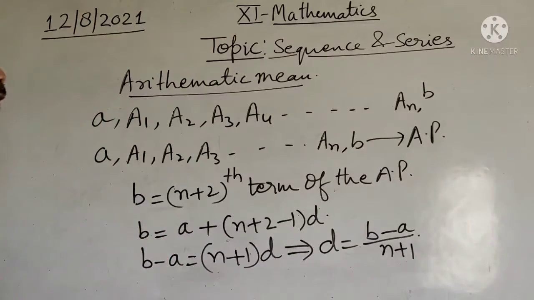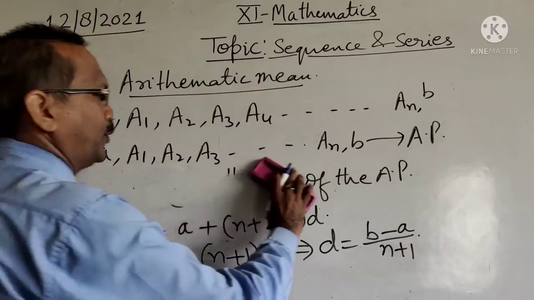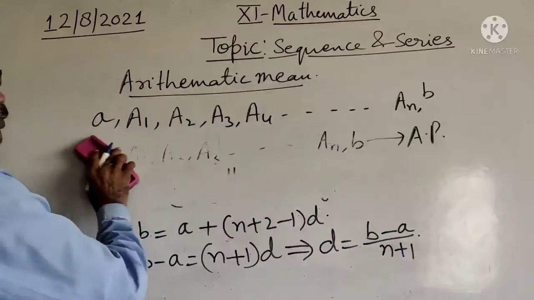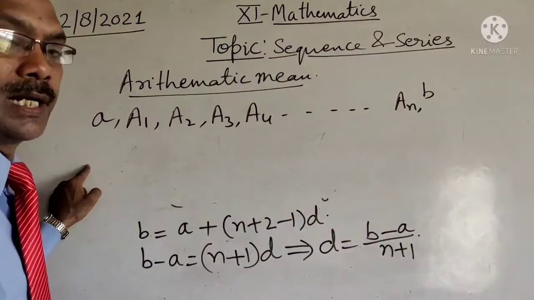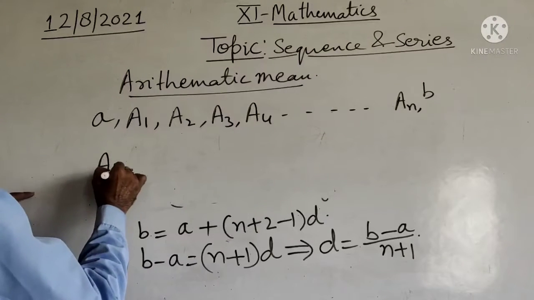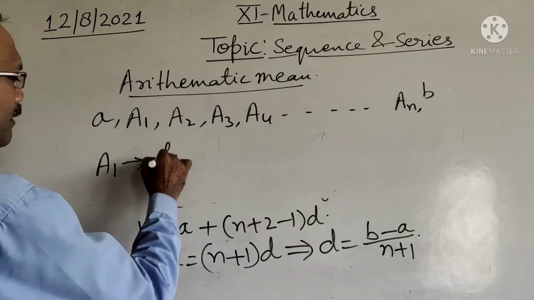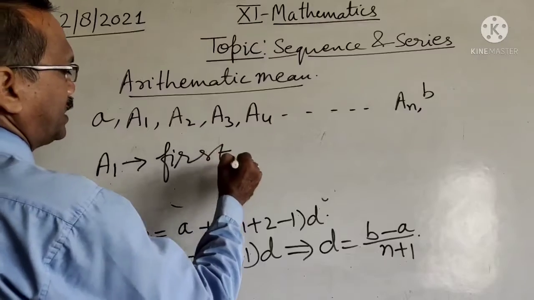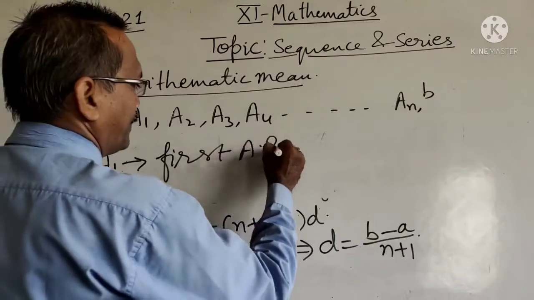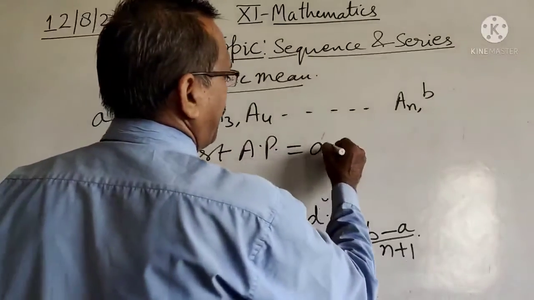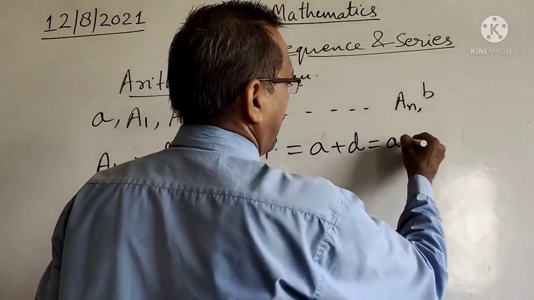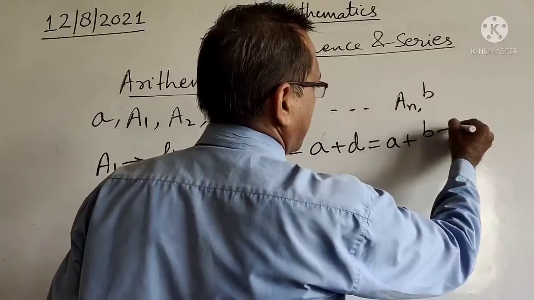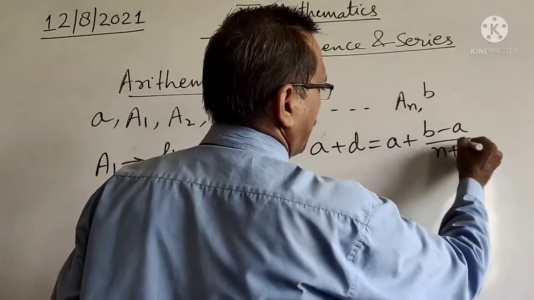Now, we will find the values of A1, A2, A3 and so on. So, A1, which is the first arithmetic mean, is A plus D, and D is (B minus A) upon (n plus 1).